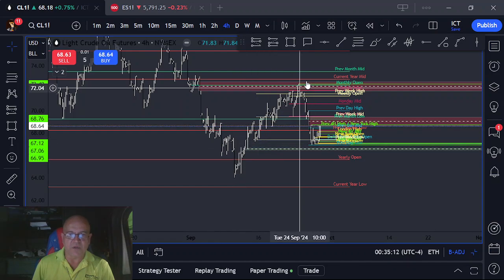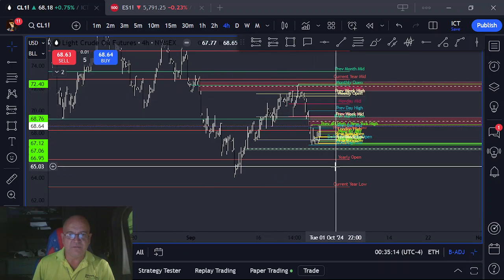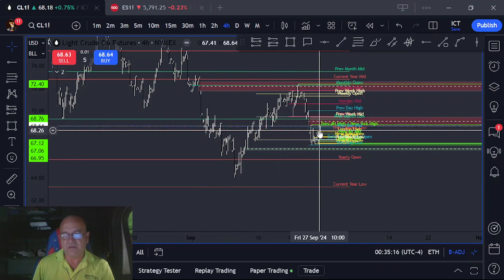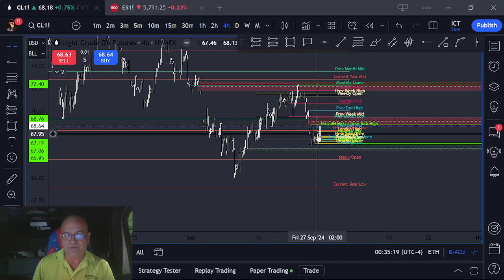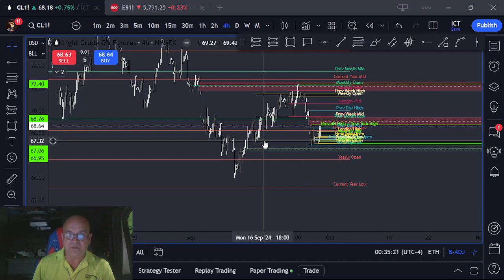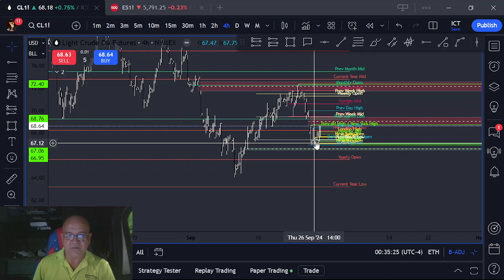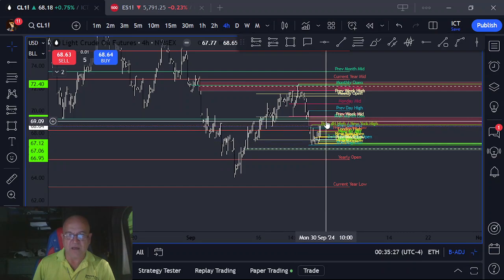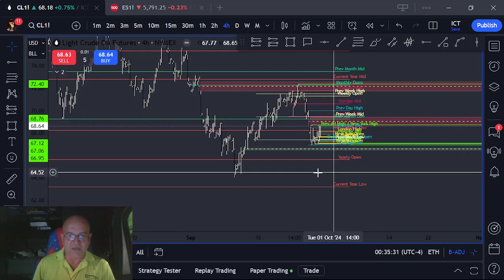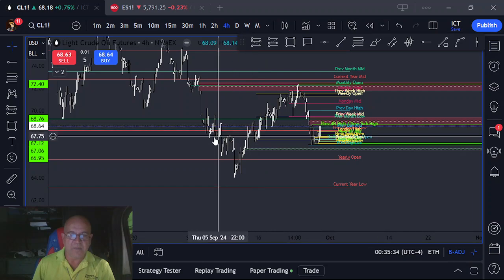unless we're just going to roll over or just bounce from here. It's possible. We did sweep these lows here. We couldn't displace below them, so we came back. But I think all we're doing is coming back for internal liquidity before going and taking external liquidity.